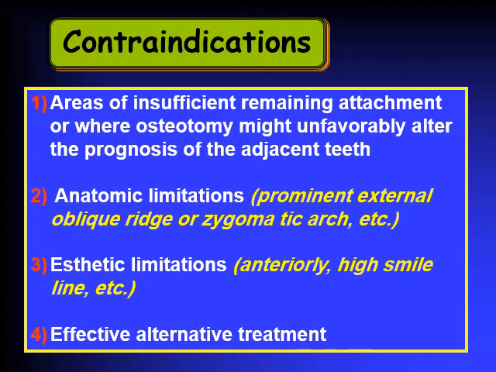Or aesthetic limitations, high smile line, or when you do it anteriorly, these are all contraindicated for osteotomy. Or if there is an effective alternative treatment, such as bone regeneration or other treatment which is an alternative to osteotomy.